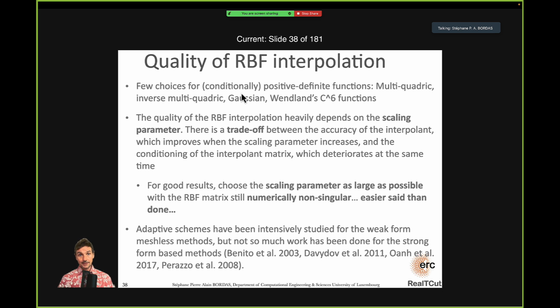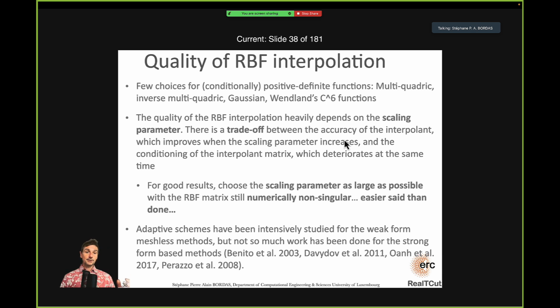And then about RBF interpolation, you have different choices for that. So you have conditionally positive definite functions, multiquadrics, inverse multiquadrics, Gaussian, Wendland C6, and so on. There is always a trade-off between the accuracy of the interpolant and the scaling parameter, because you would like to have small scaling parameters so that you can reduce the large bandwidth of the system matrix.